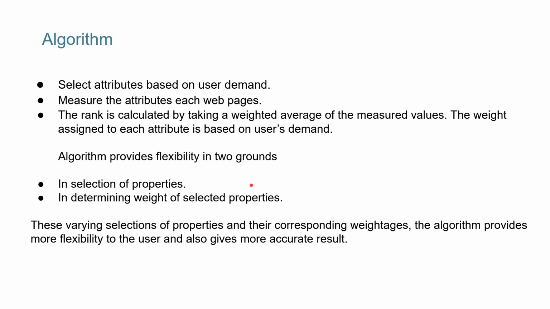For example, for article type pages, relevance weight and authority weight will get the highest weightage, whereas for advertisement type pages, number of thumbnails and hub weight will get higher weightage. So with these varying selection properties and their corresponding weightage, the algorithm provides more flexibility to the user and also gives more accurate results.